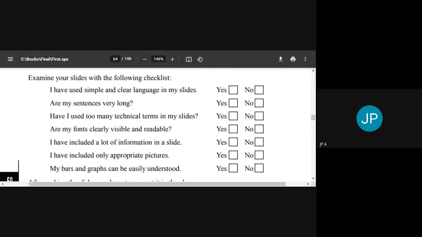Such diagrams, charts, graphs should not confuse the audience. They should be easily understood by the audience. That's what we have to take care when you include these things.